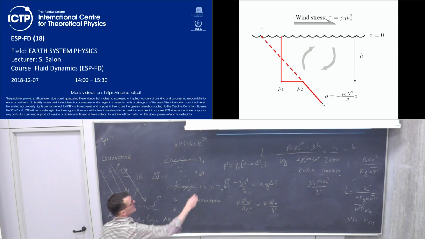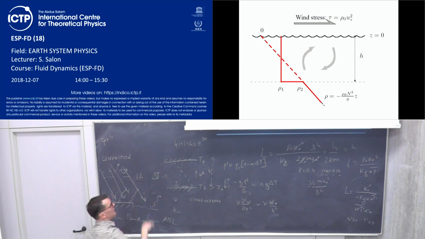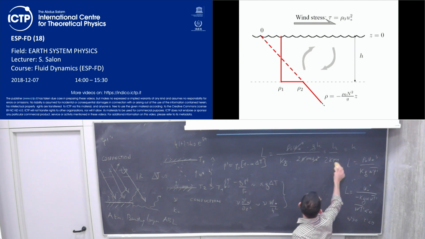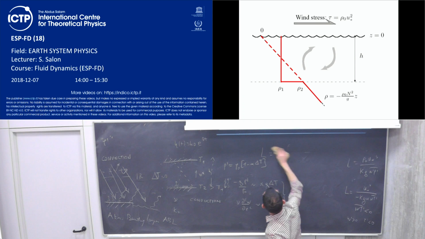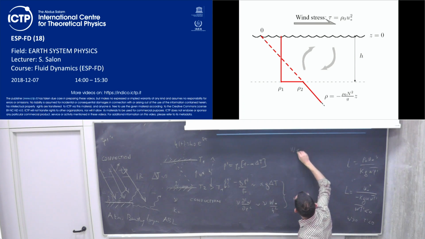With H, again, we consider the scale of our domain. So if we consider a balance between these two, because these two are the only forces which are present in our system, we can find a scale for our vertical velocity.